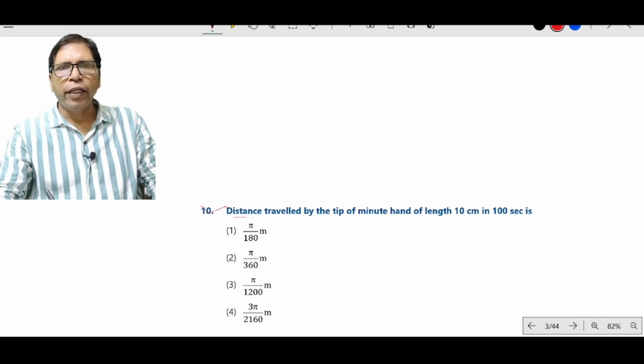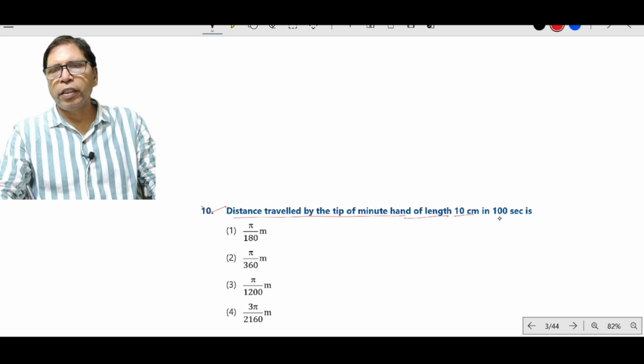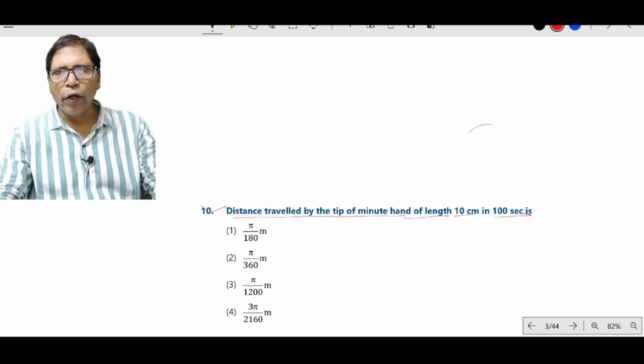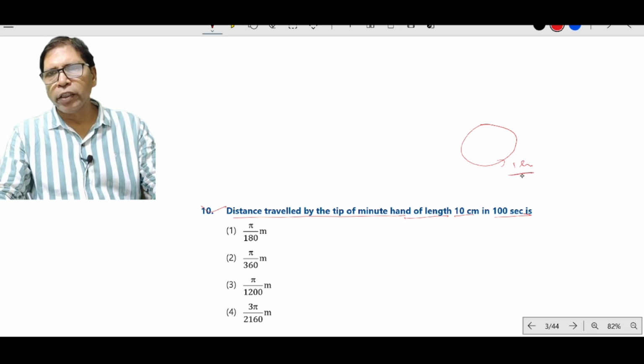Okay. Look at this. Question number 10. The distance traveled by the tip of minute hand of length 10 centimeter in 100 seconds. One complete rotation of the minute hand takes 1 hour. So the number of rotations completed in 100 seconds is 100 divided by 3600.